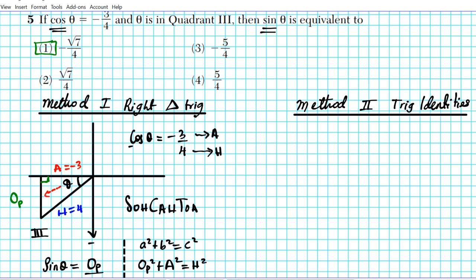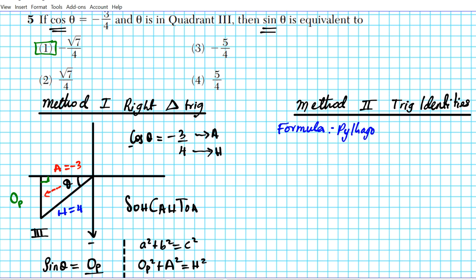All right, so method 2, trig identities, we need to know the exact trig identity that we need for this particular problem. There are a lot of them, okay? So let's pull it up. The one that we need for this problem is known as the Pythagorean identity.